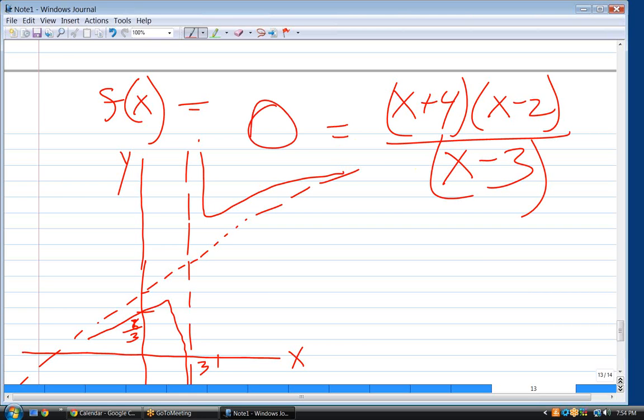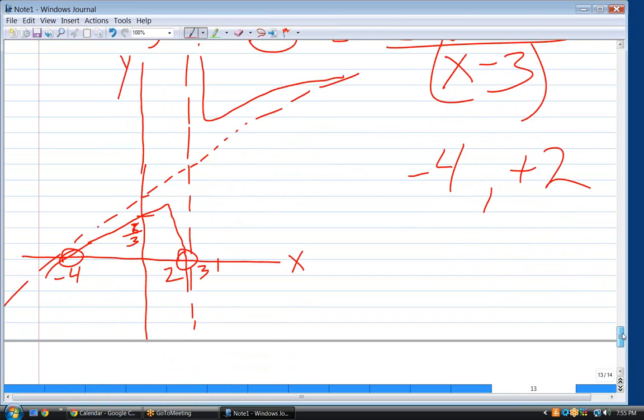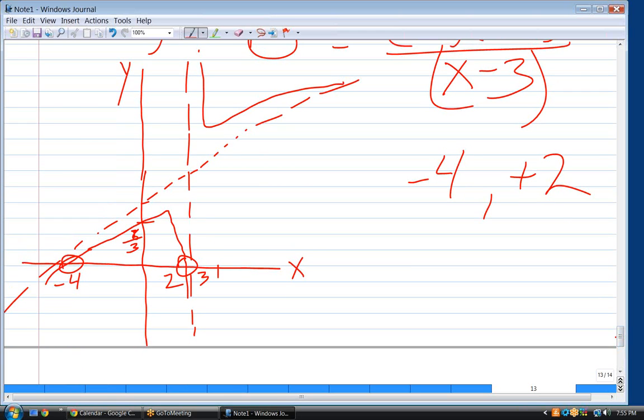Doesn't matter what its denominator is. The numerator has to be 0 for this whole thing to be 0. Well, the numerator is 0 at -4 and at +2. And if we look at our graph, we can see that we have 2 x-intercepts. There's one there and there's one over there. That one's clearly at -4 and this one's at 2. So that's a pretty good depiction of our function.